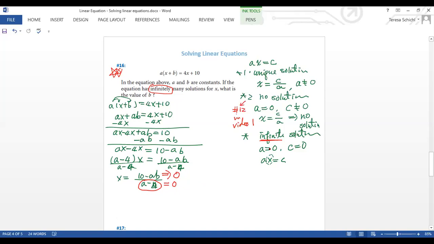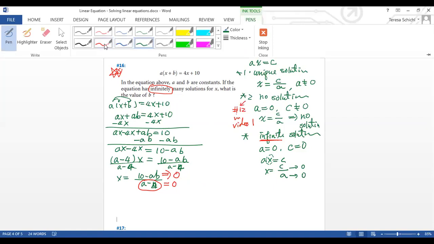Because we said infinite solutions, whatever you divide on the bottom, so X equals C over A. So this needs to be 0, this needs to be 0 here.